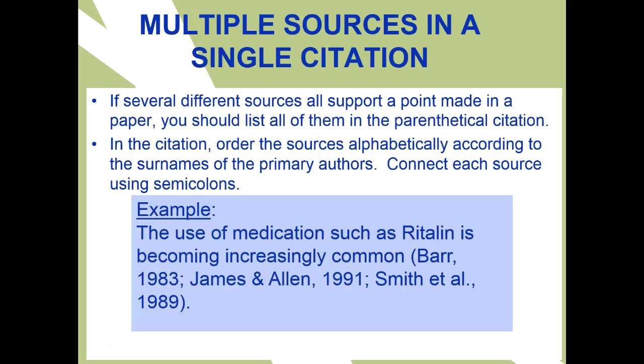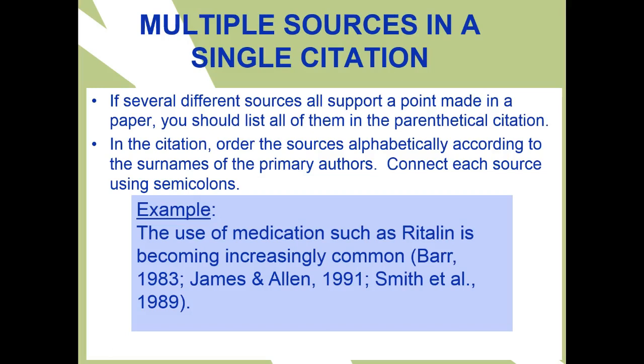So in this case, it would be Barr, comma, 1983, followed by a semicolon. James and Allen, 1991, followed by a semicolon. And in this particular case, Smith et al., this may be Smith and 9 authors, 1989.